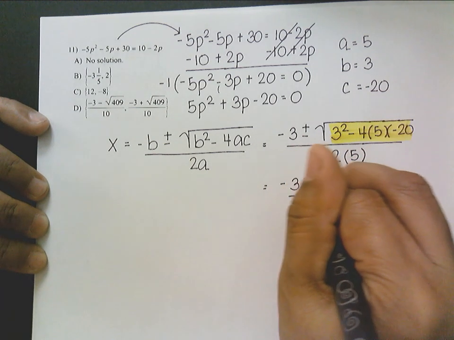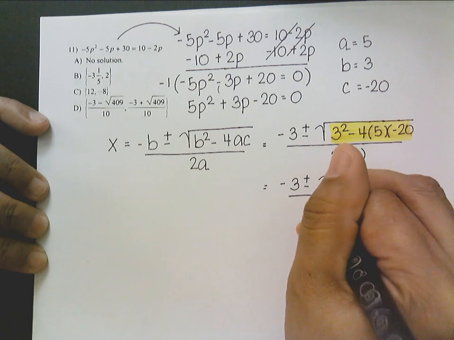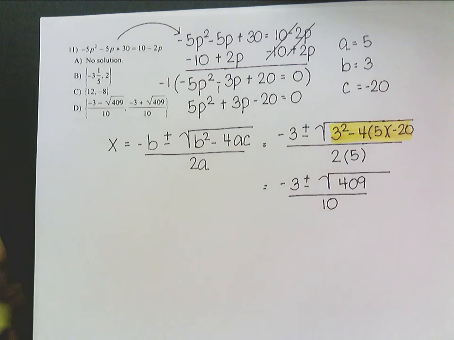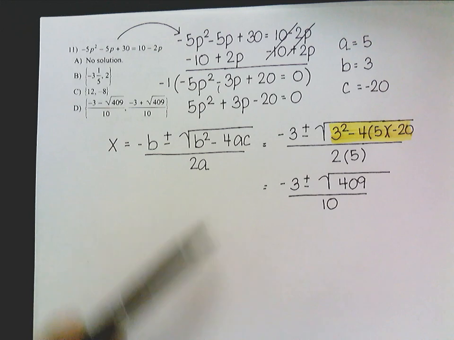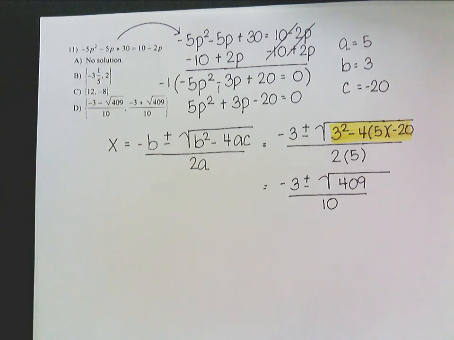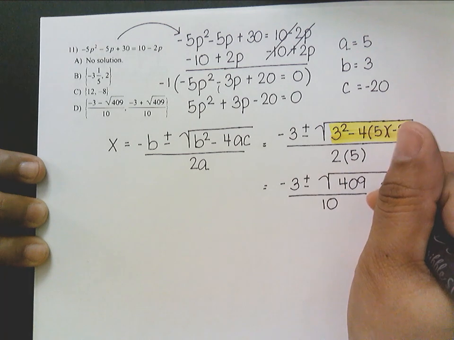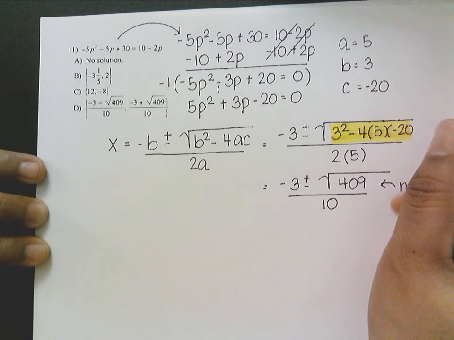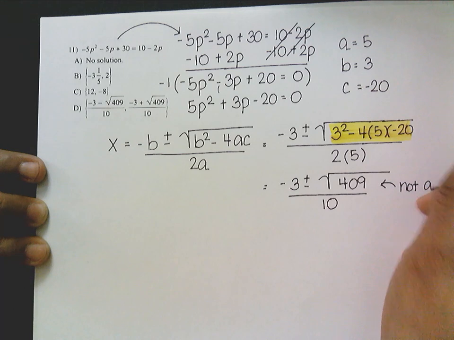And then it's going to be divided by 10. So this is actually an easier problem. The only difficult part about this was that it made you work a little bit harder for putting it in standard form.